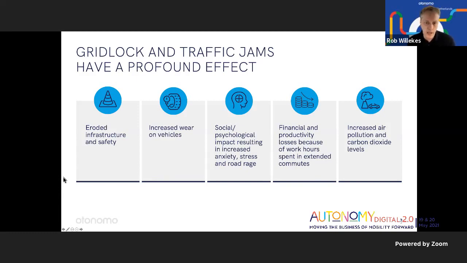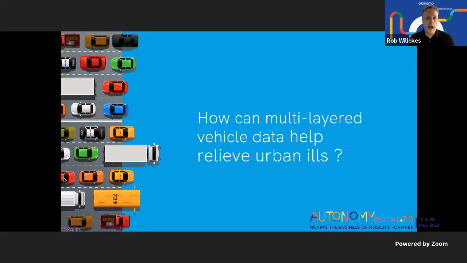I think in every charter of governments and local governments, increased air pollution, and reducing of carbon dioxide is high on the agenda. So given the growth of the traffic and the effects that it has, one could ask, how can multi-layered vehicle data help relieve these urban ills?